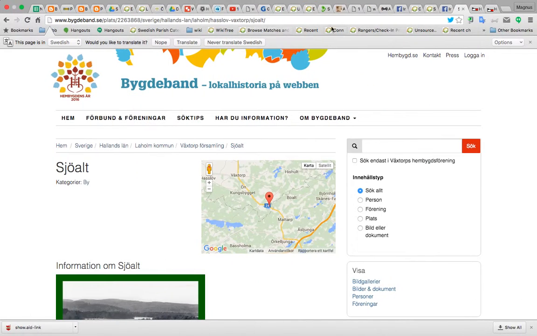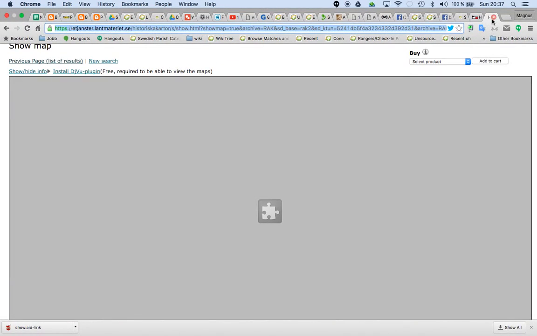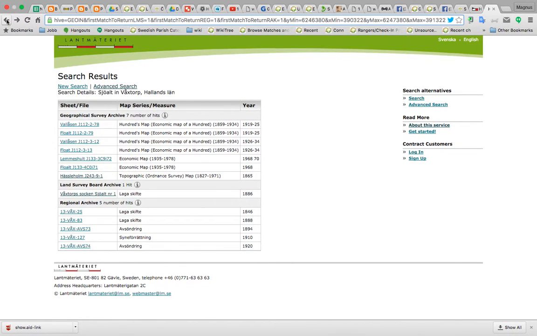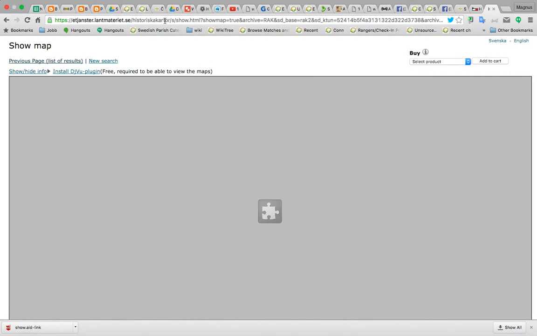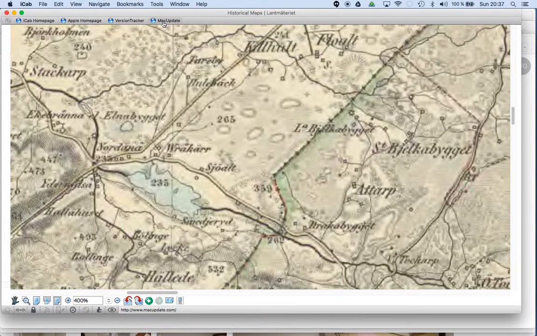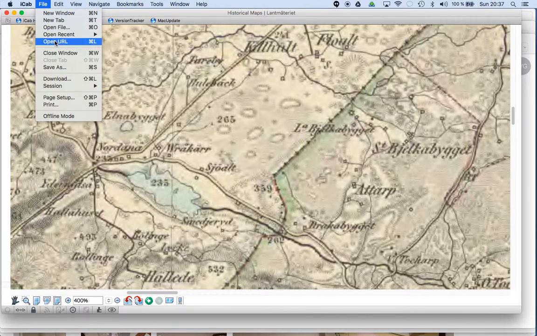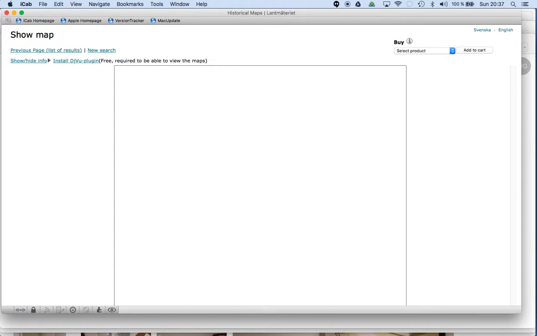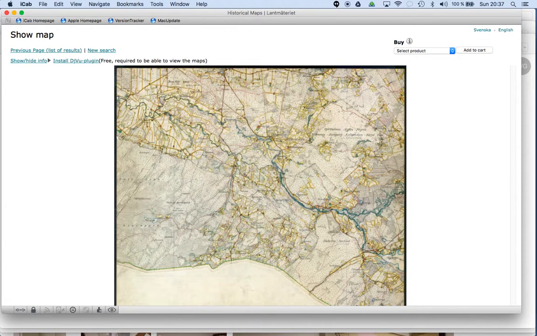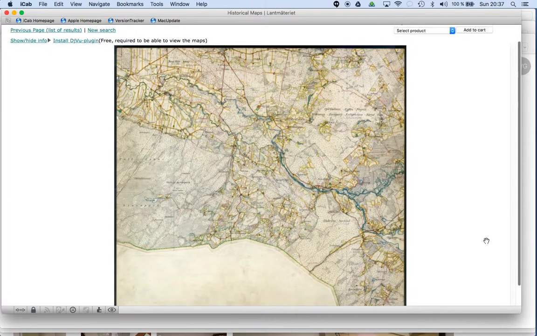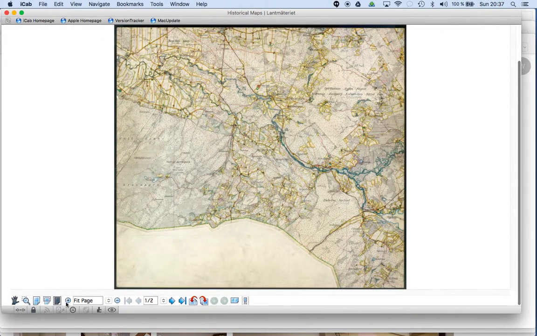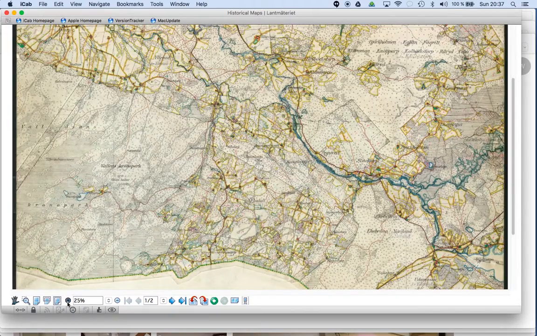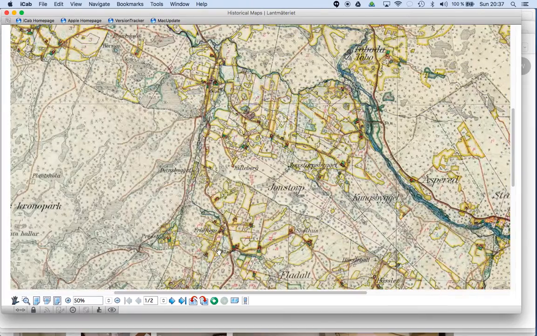If we take another map. Well, that seems cooler. Or is it? Maybe it's not wrong. Jonstorp Koar.